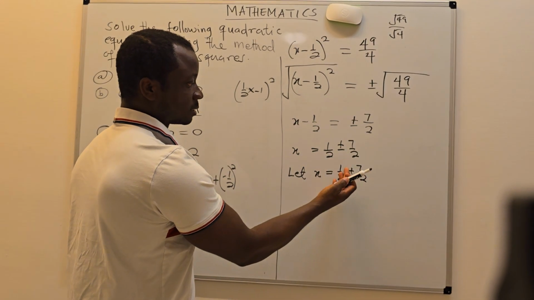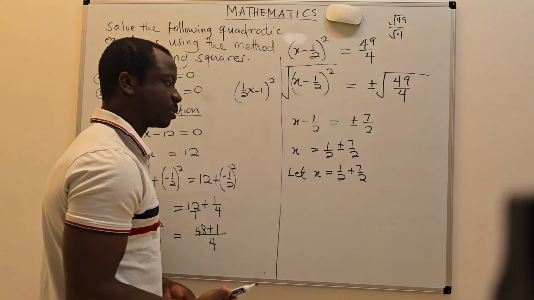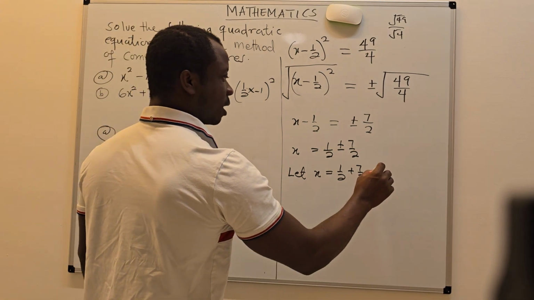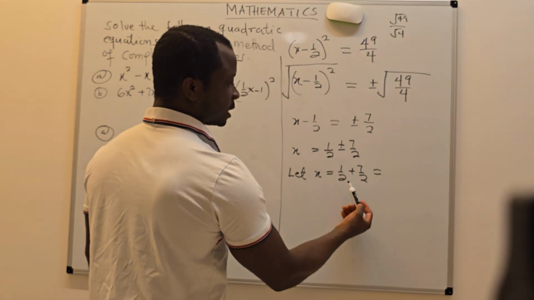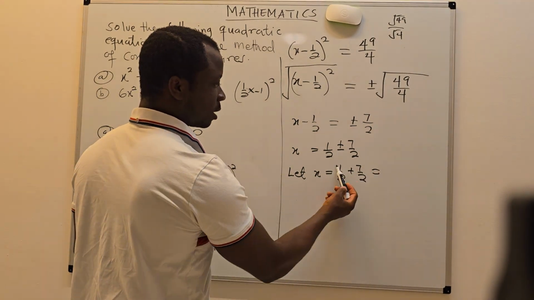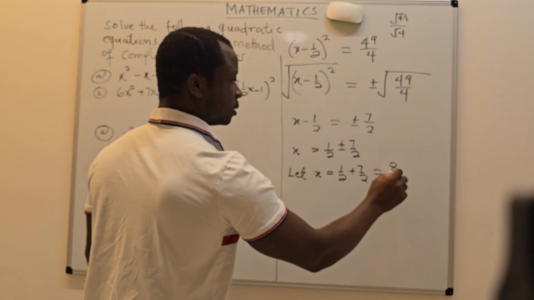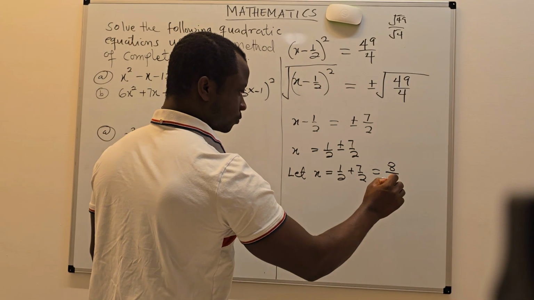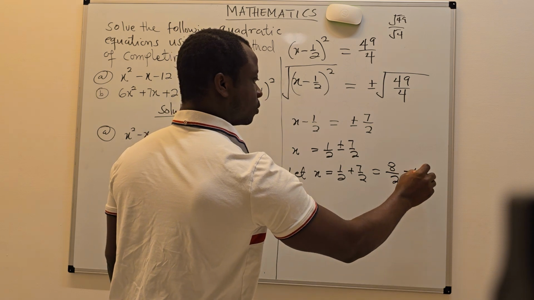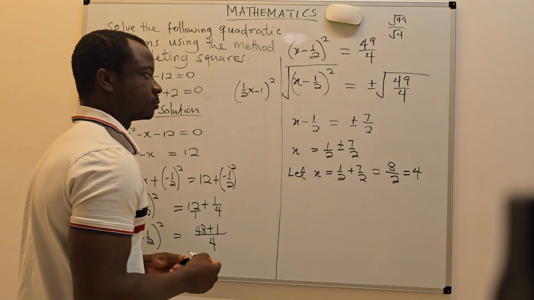You can start with minus. You can start with plus. Any one that you take is okay. So you are going to have, since the LCM denominators are the same, we are going to add the numerator. So 1 plus 7 will give you 8 over 2. And this will give you 4.